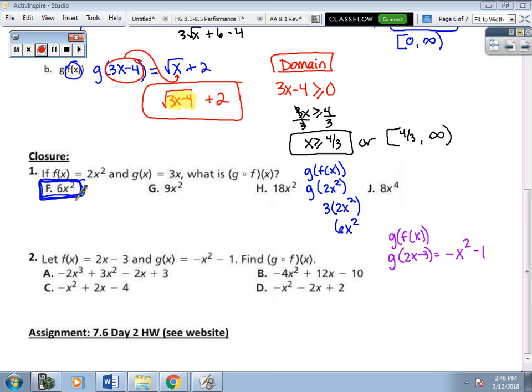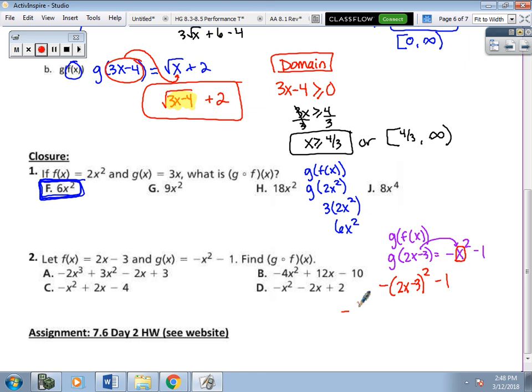Now for the second one, this one was a little bit tricky, just the ending step. So f of x was 2x minus 3. Now when you substitute this in, be careful, the only thing that's being raised to the second power is the x. So this is really negative, parenthesis, 2x minus 3 squared minus 1.